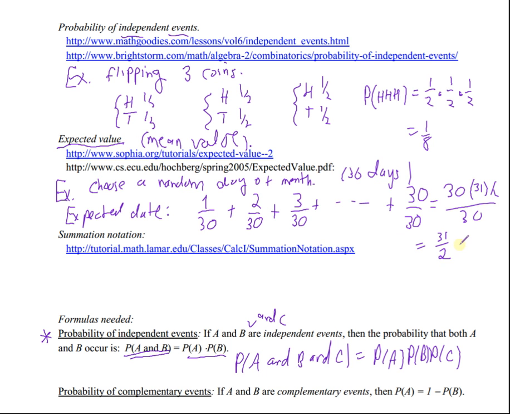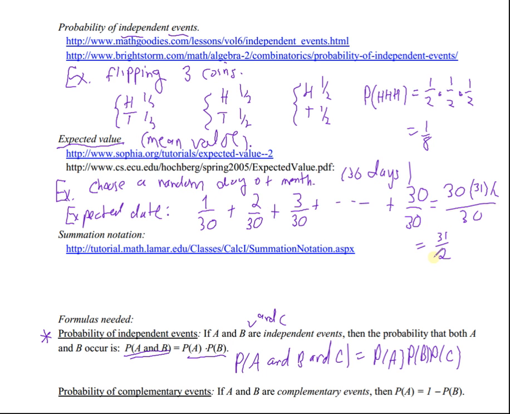Now you might be surprised that the expected date is 31 over 2 instead of 15. You'd think that 15 is the average. But the fact that it's different corresponds to the fact I'm taking integer values here and I'm starting with 1 instead of 0. So you can think about that. This is very close to 15.